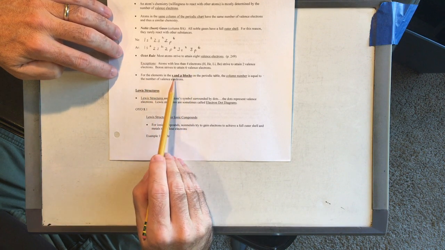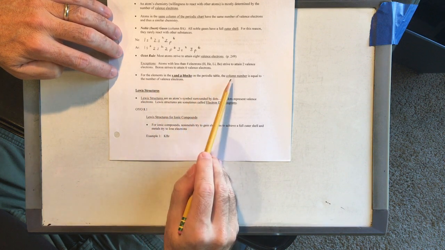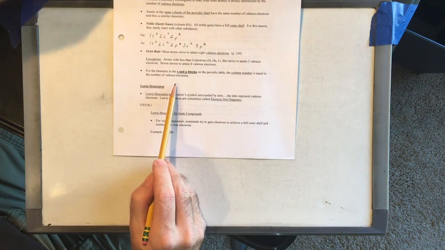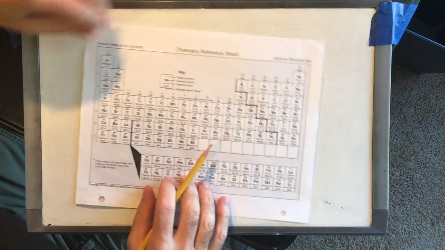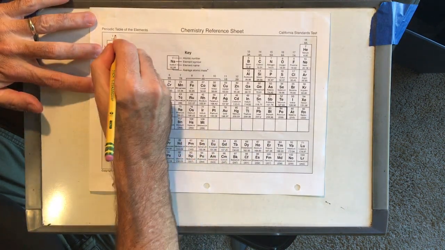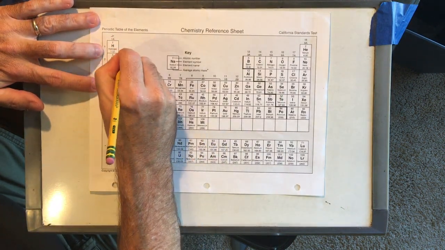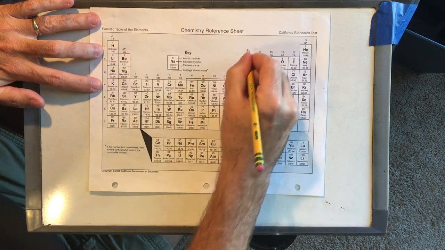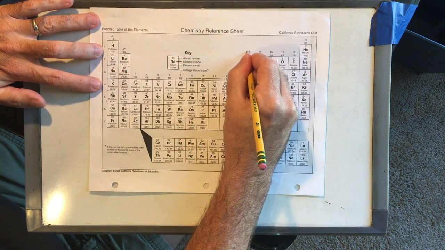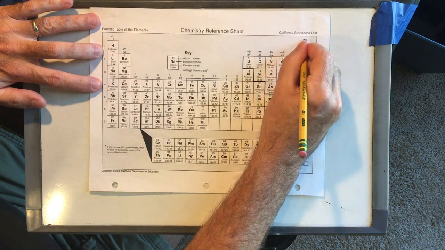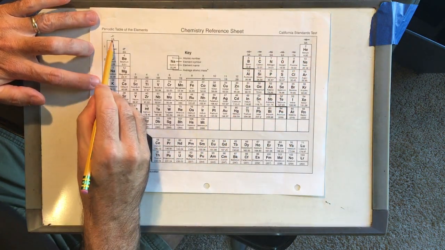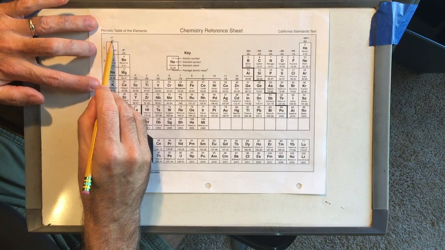For the elements in the S and P blocks on the periodic table, the column number is equal to the number of valence electrons. So we're only talking about the S and P blocks. You can go ahead and mark out this upper number, that 1, 2, and then over here in P block 13, 14, 15, 16, 17, 18. We are worried about the number that has the A behind it.